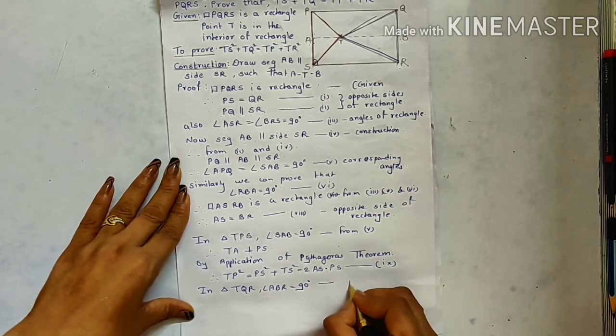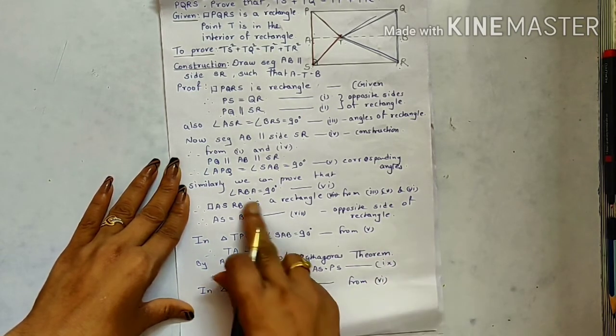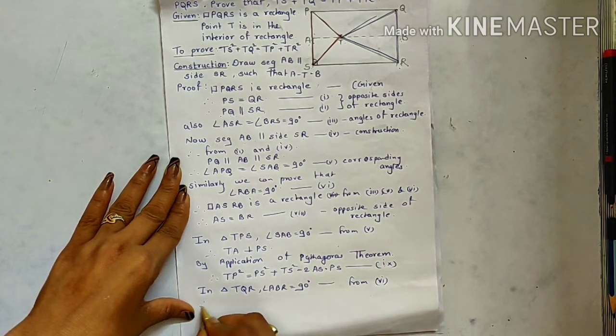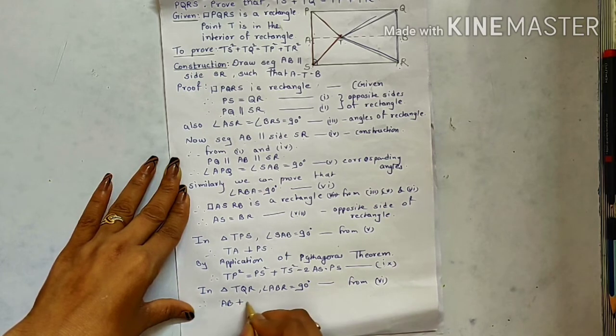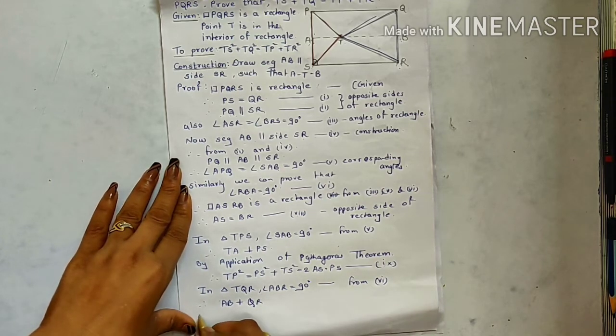This is from 6. RBA 90 degrees from 6, and AB perpendicular to QR.